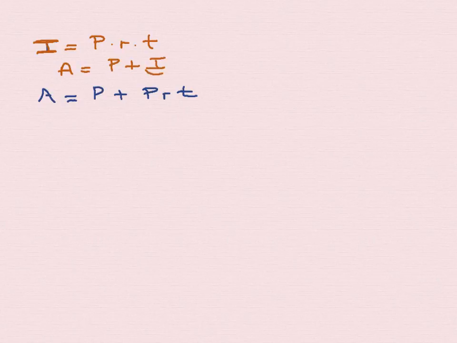If you now take this interest and replace it with PRT, you get a new formula. That the amount you're going to get after the end of the loan, that you repay, or the amount you're going to get if you invest, is going to equal, of course, the amount that you borrowed plus the fee for borrowing, or the amount that you were loaned plus the fee for being loaned.